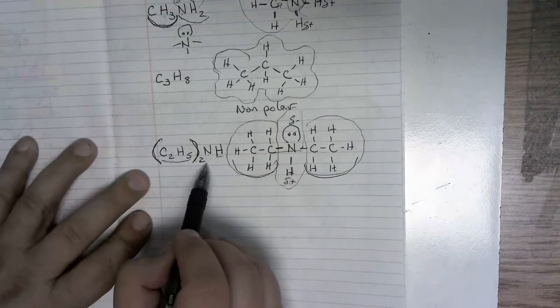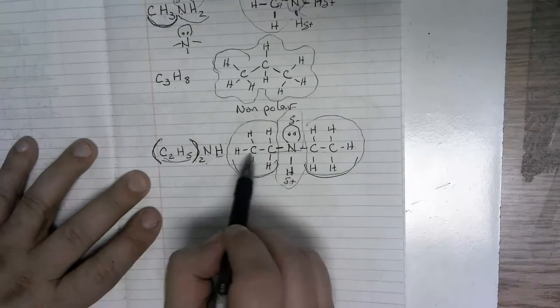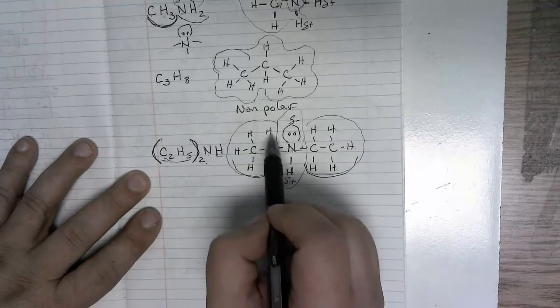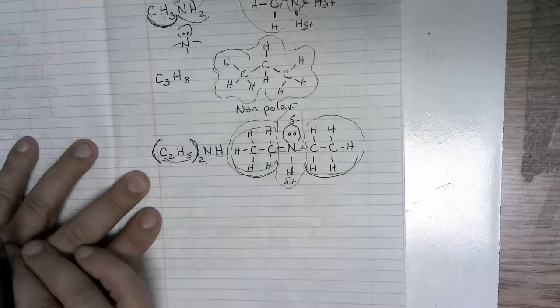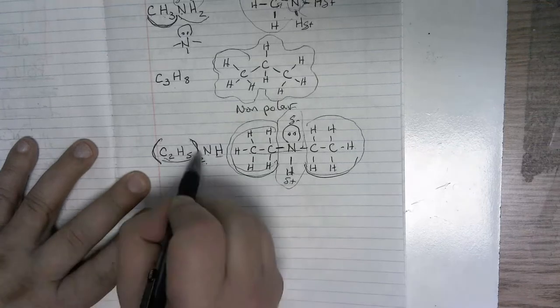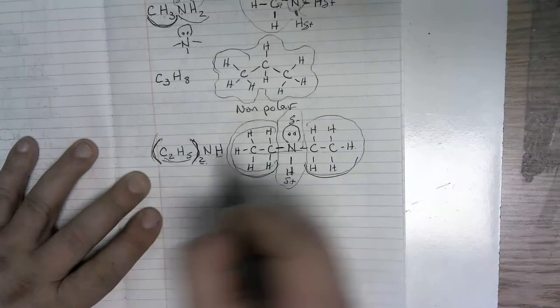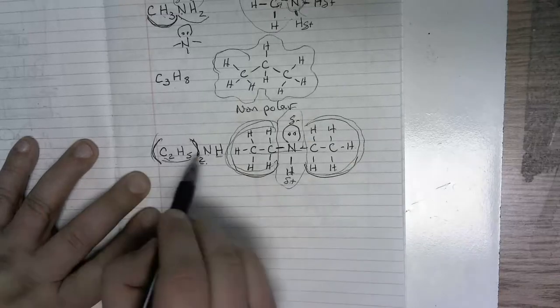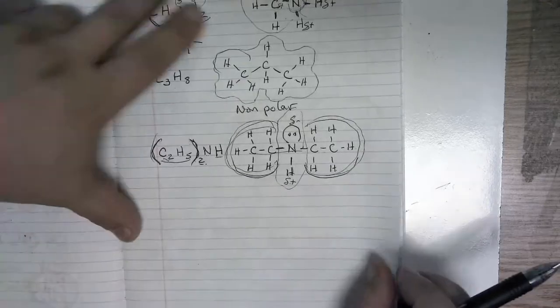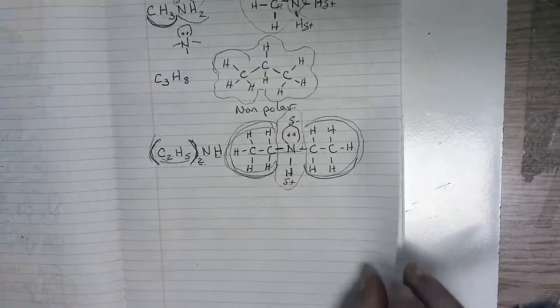This one was tricky, but I had 2 carbons creating a section that had 5 hydrogens. So C2H5 could then bond to something else. And if I have parentheses with a 2 outside, that means I have 2 of those structures. Boom and boom, right there. And then the NH is what's connected in the middle, like that. So drawing our structures is a matter of connecting the dots.